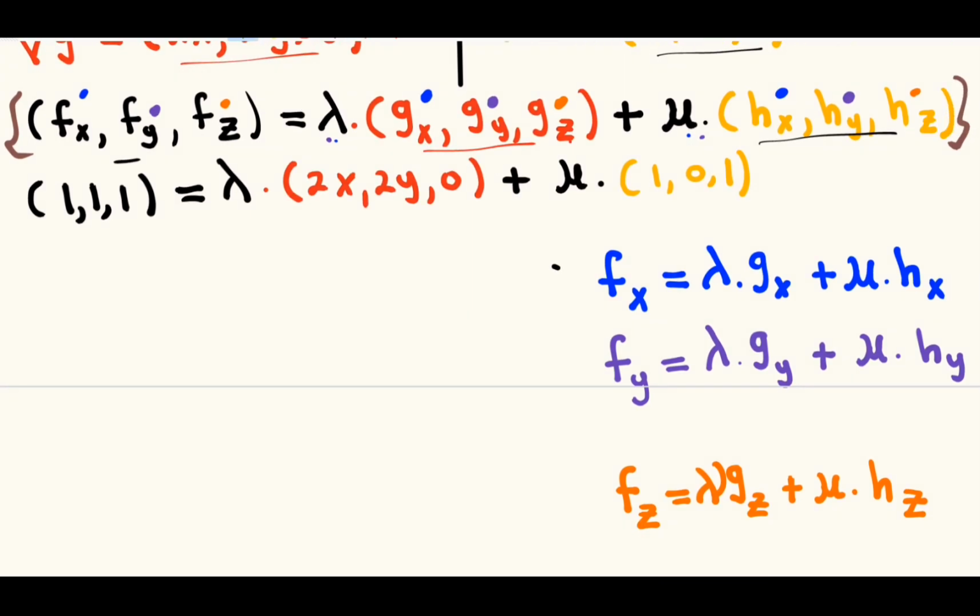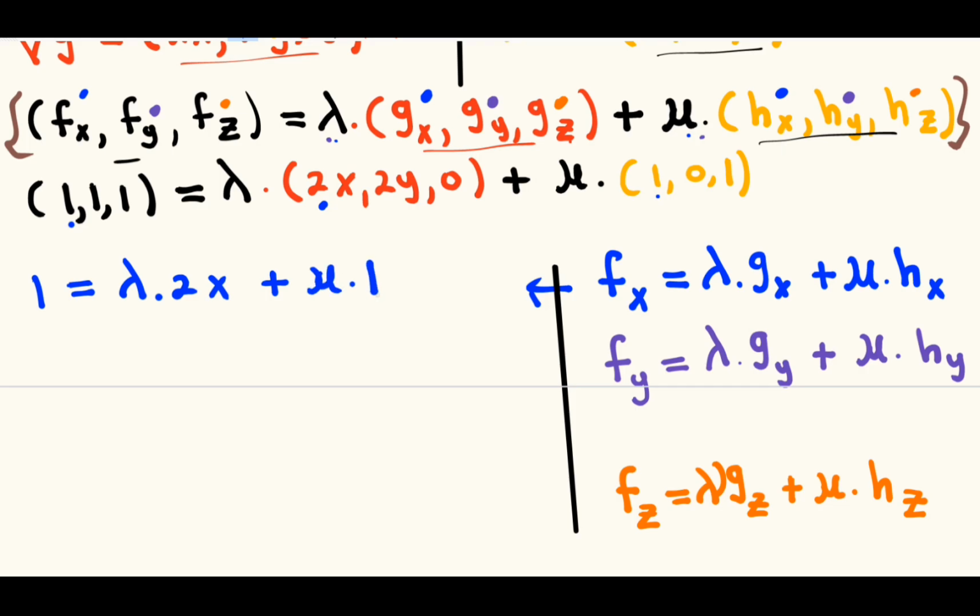We also substitute inside the component equations, and we start with the x component. We'll substitute the 1, the 2x, and the 1. So we get 1 will be equal to lambda multiplied by 2x plus mu multiplied by 1.